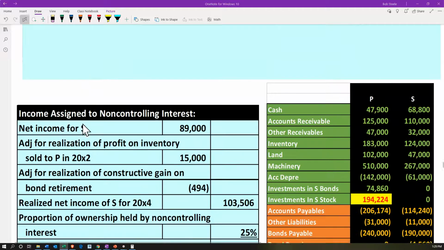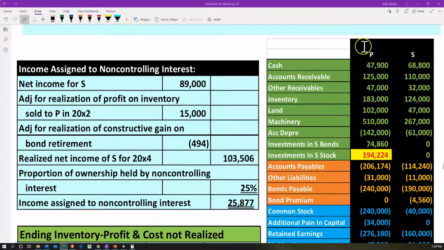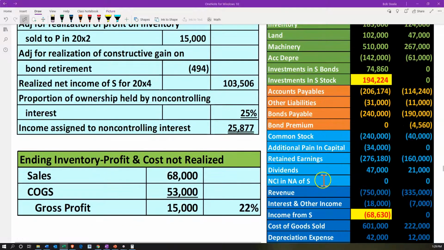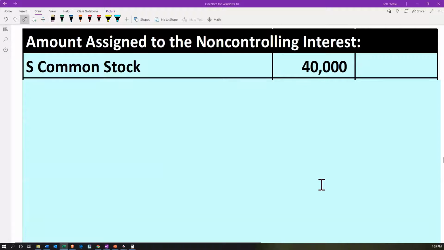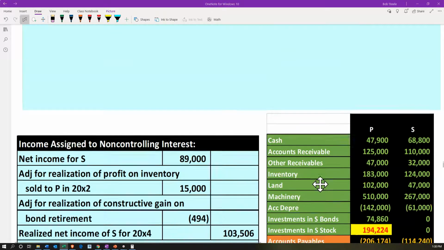I'm going to scroll down to our trial balance, where we have the P company and S company, parent and subsidiary, trial balances. We're looking at this item down below, the non-controlling interest in the net assets. We're going to see what the end calculation will be after we do the consolidation entries we will be doing shortly, or in the next presentation. So we're going to start off looking at the equity section of S's books.